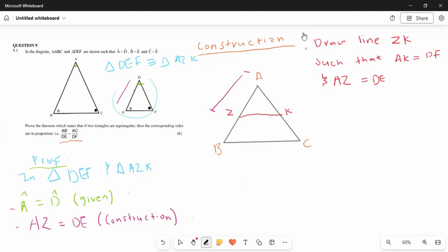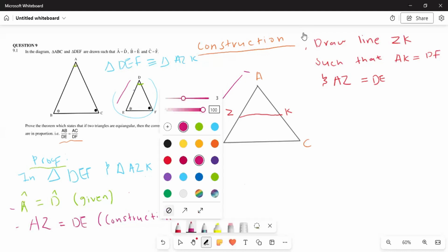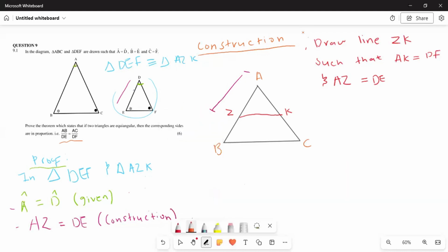Now, last thing, I'm going to do the same for the other side. I'm going to say this side AK is equal to DF. And remember, I've also mentioned this in my construction, and my reason is going to be construction.